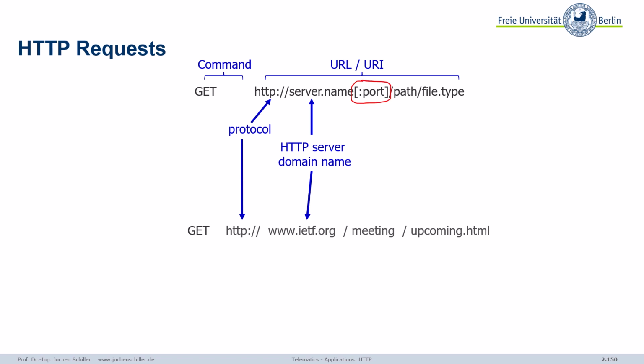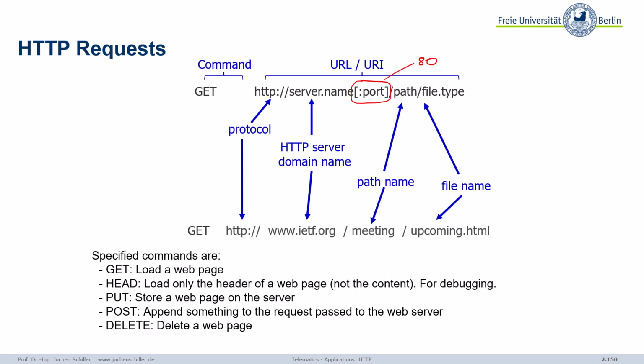If you skip this, then we assume automatically 80. If it's not encrypted, then we assume 80. So that's a well-known port where the web server listens. And after that, we specify the path to a resource. That's exactly what you know from file systems, and the file name. So that's the basic idea. So it's very simple. Protocol, the server name, a path name, and the file.